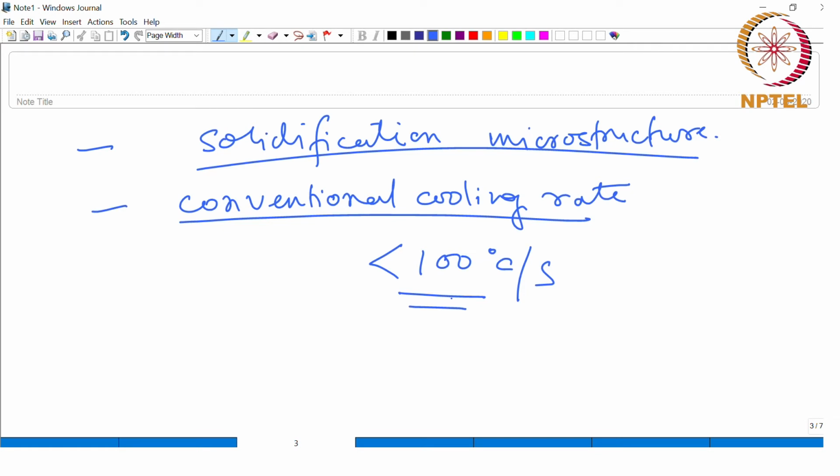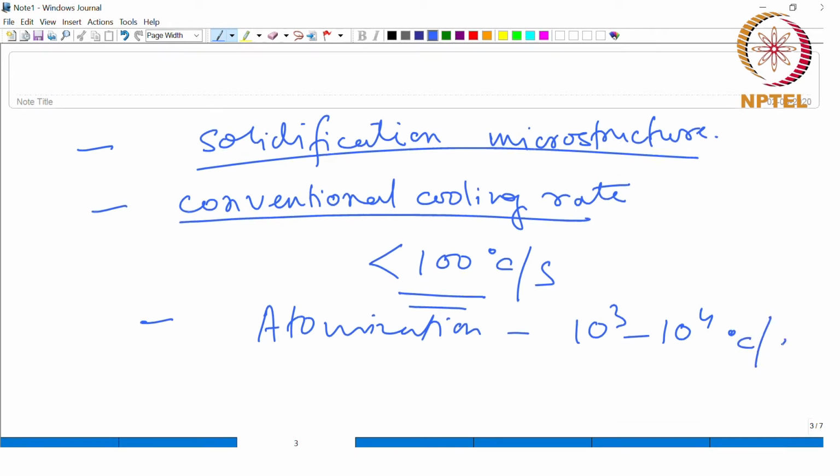But in case of the atomization process, because of the high surface area of the particles, as I said, the cooling rate is in the range of 10 to the power 3 to 10 to the power 4 degrees Celsius per second. So, it is orders of magnitude higher in case of atomization compared to the conventional melting and casting process.